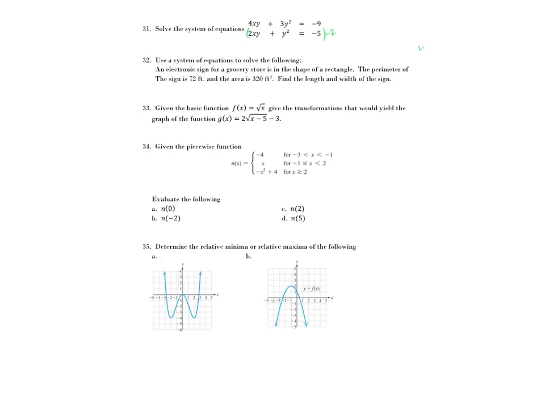So that will give us 4xy plus 3y squared equals -9, over -4xy minus 2y squared equals +10. If I add those, I'll get positive y squared is equal to 1. So y is equal to plus or minus 1.